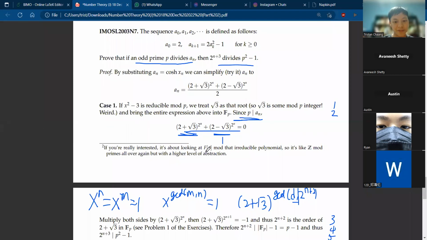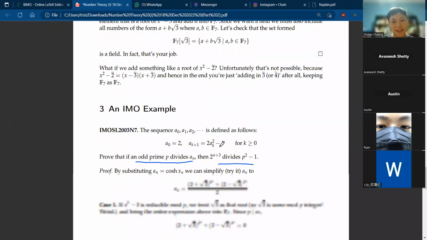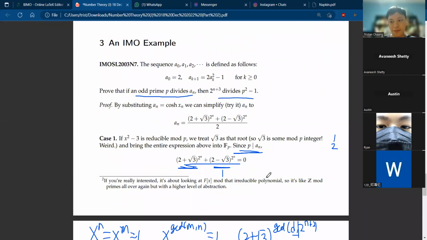Well, as you can see here, if we're basically taking f(x) mod some irreducible polynomial, it's like Z mod p. It's like integers mod prime. But here it is like f(x) mod some prime in the polynomial sense. So that would be an irreducible polynomial.